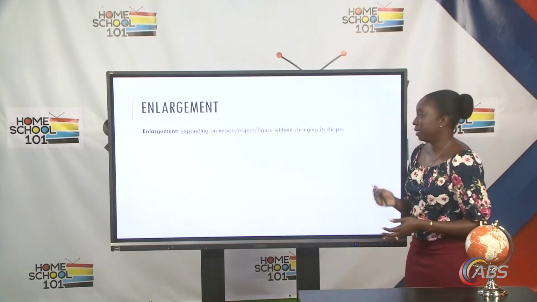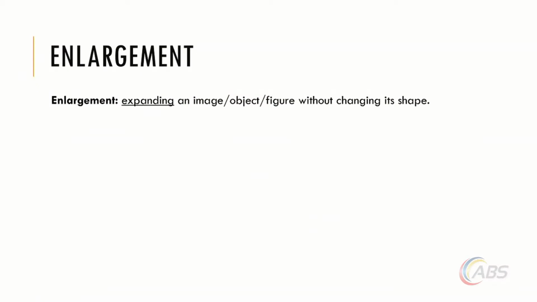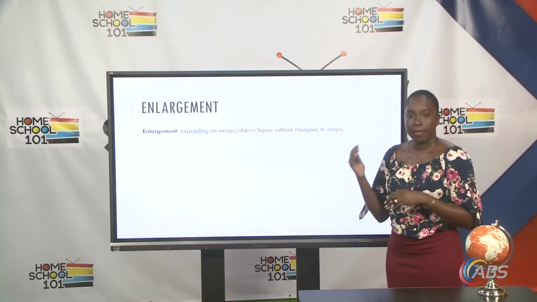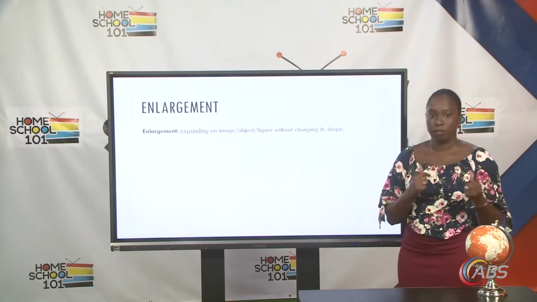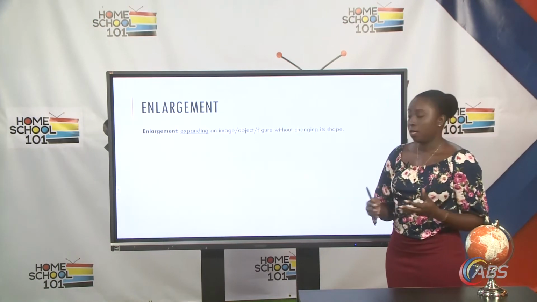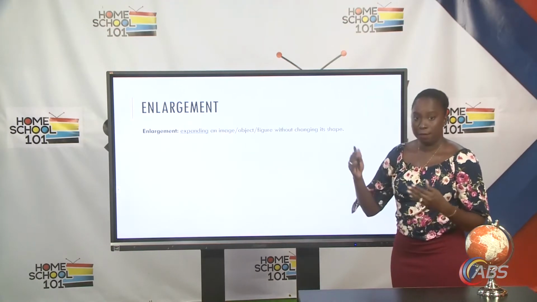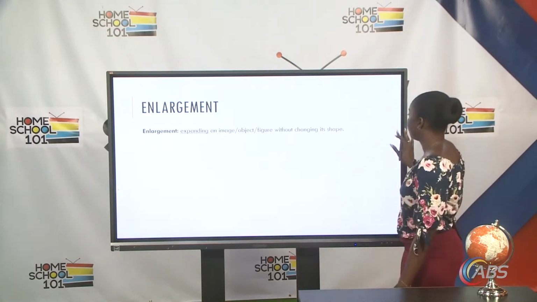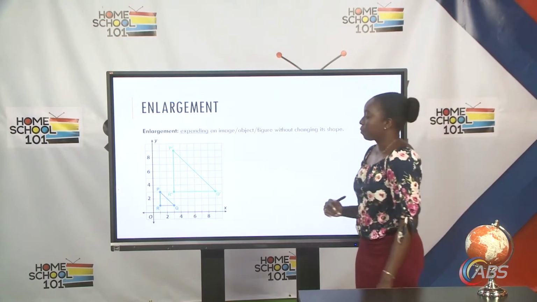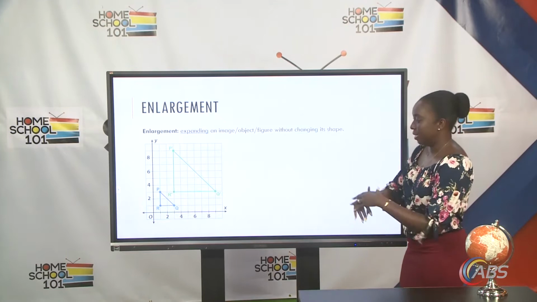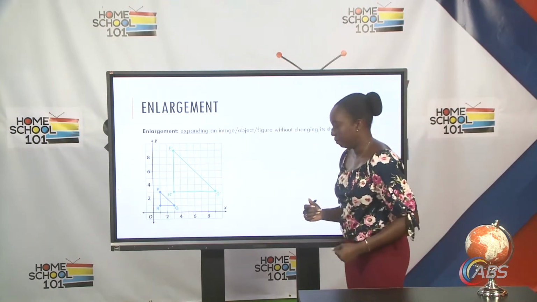So enlargement is expanding an image or object or figure without changing its shape. And remember, when we say enlargement, even though it says expanding, we also think of making something smaller as well. So it would just depend on the scale of enlargement. So here we have an object and the enlarged object.